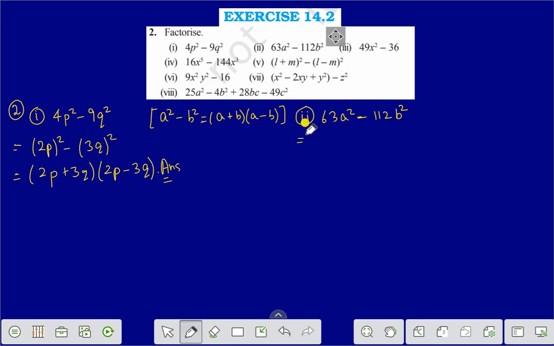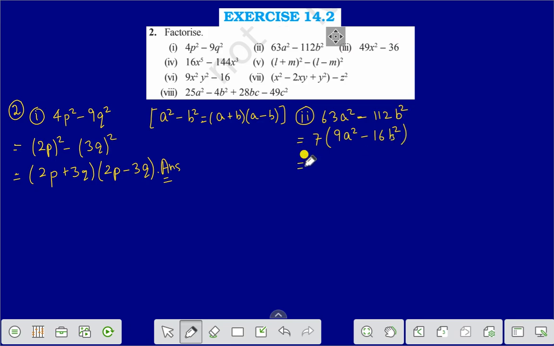Here you can take common 7. If we take 7 as common, 63a square becomes 9a square, and 112b square becomes 16b square.